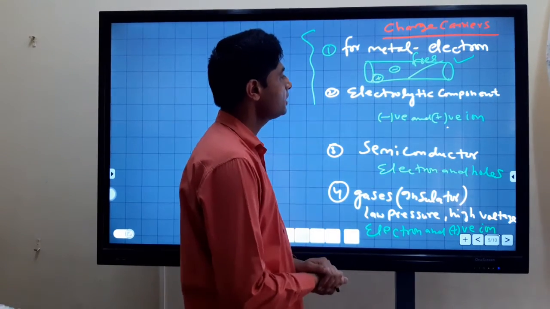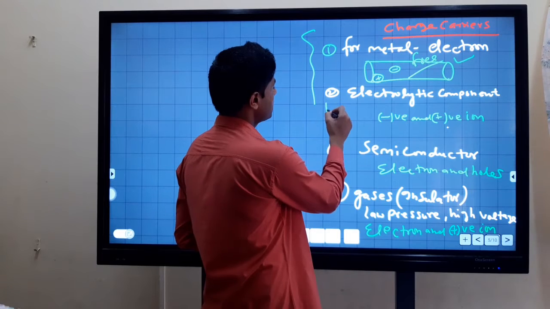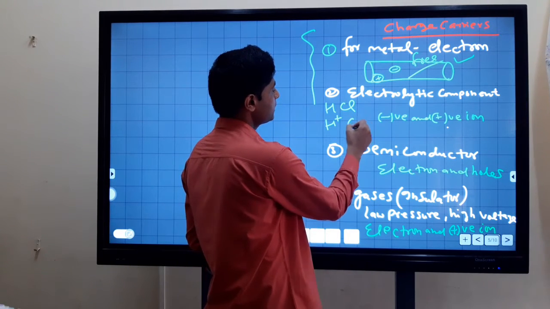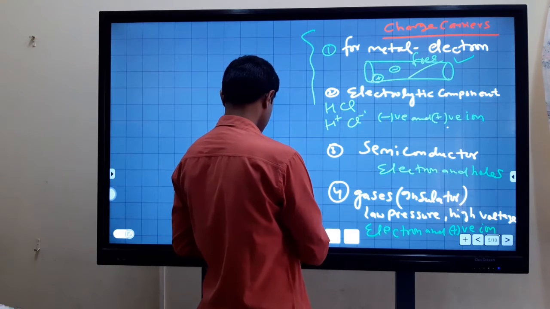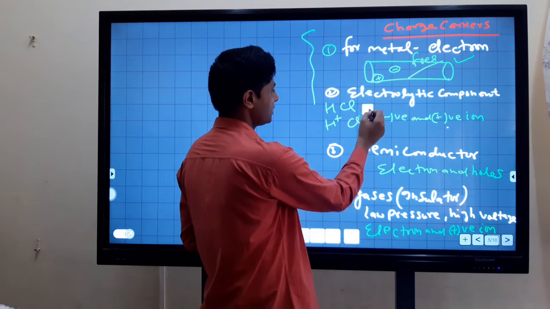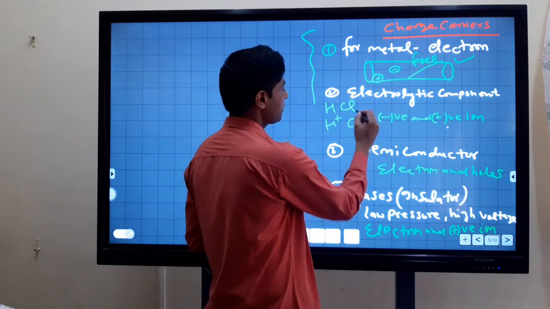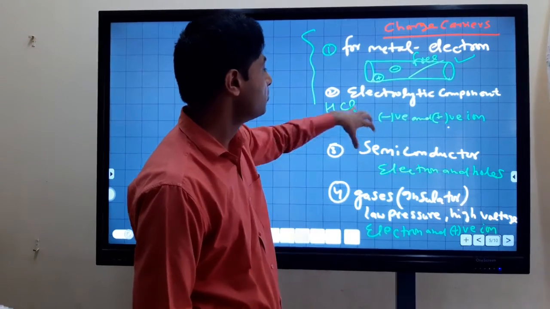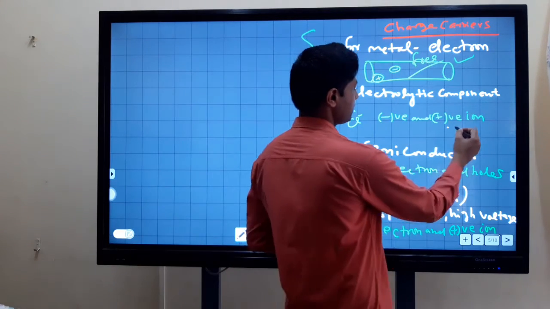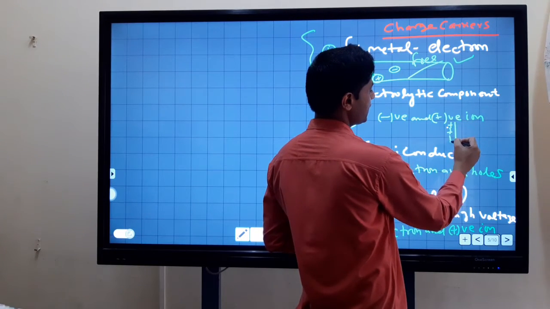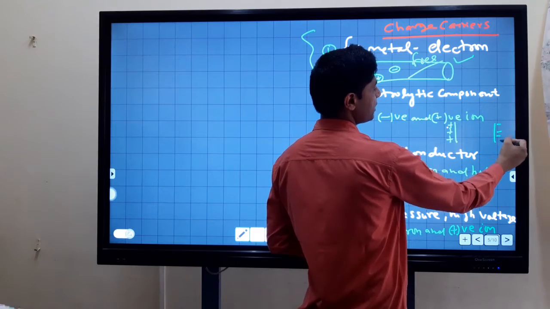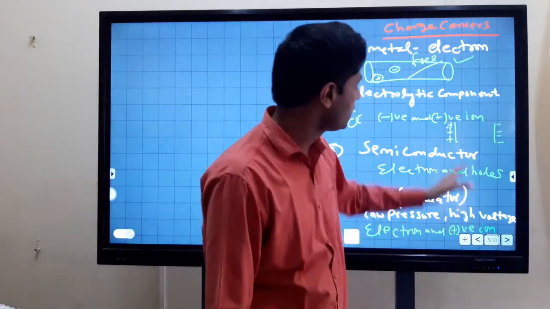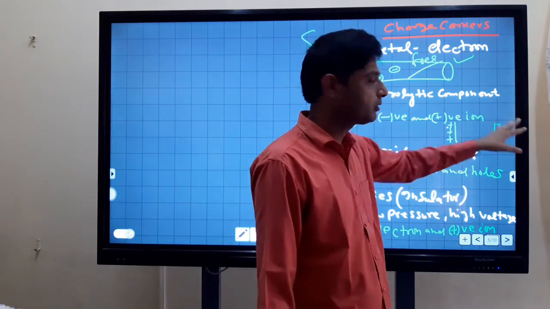But in electrolyte, like HCl, H consists of positive charge and Cl consists of negative charge. So in electrolyte, positive and negative ions are mobile charge carriers, because when an electric field is applied, we can give positive charge to one plate and negative charge to another plate.